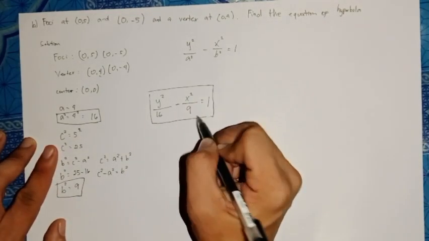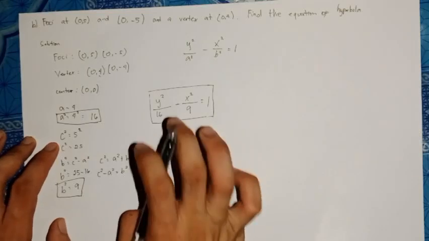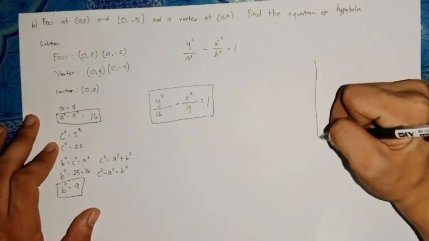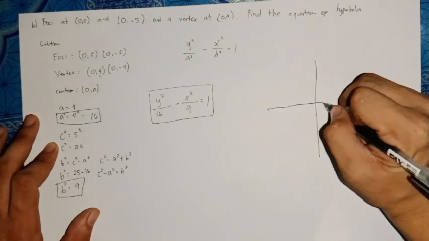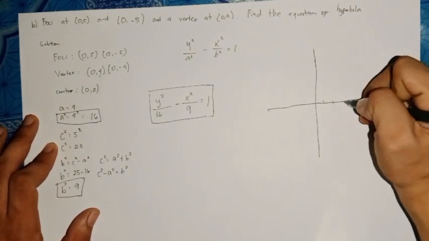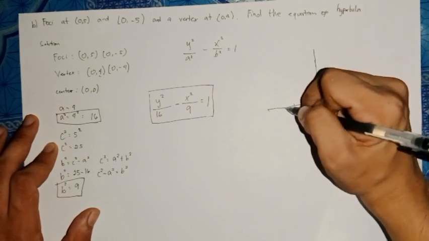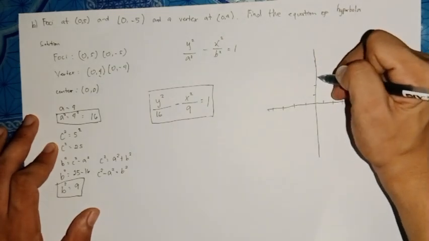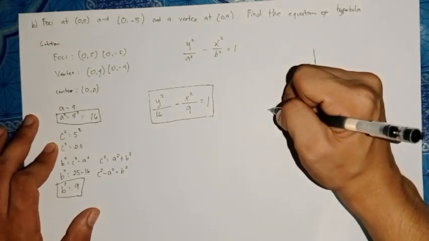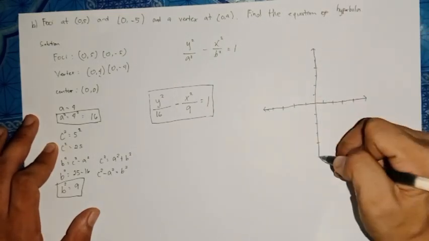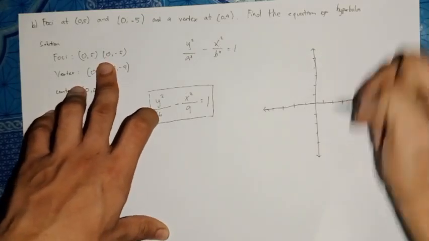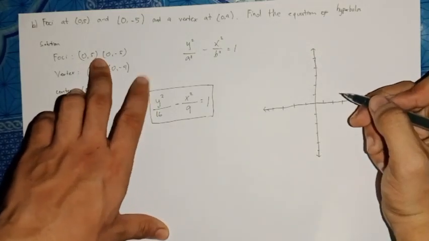Now let's graph this hyperbola. We have a Cartesian plane. Now our foci here are (0, 5) and (0, -5).